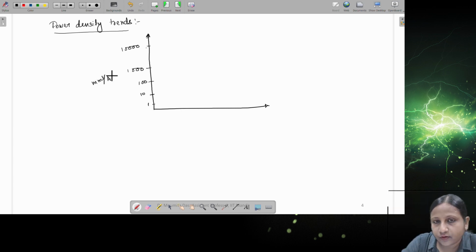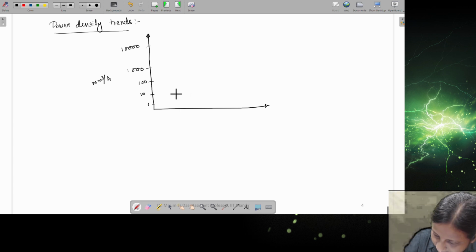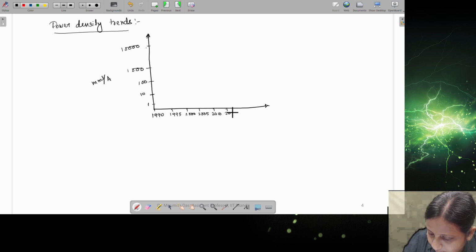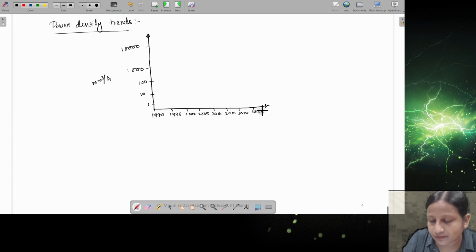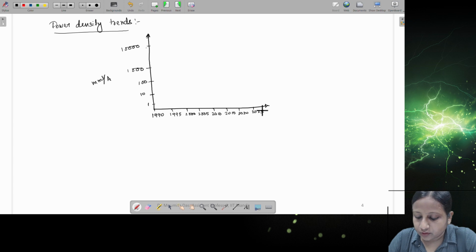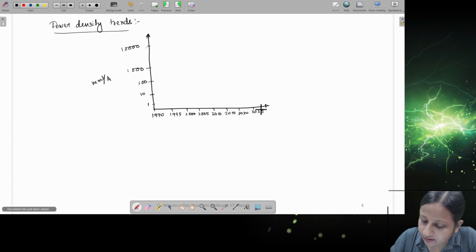Okay, so this is the magnitude on the y-axis and the x-axis gives the year, starting from 1990, then 1995, 2000, 2005, 2010, 2015, 2020. Right now we are in 2025. Now 24 is ending, so we are in 2025 and then it will go further to 2030, right?